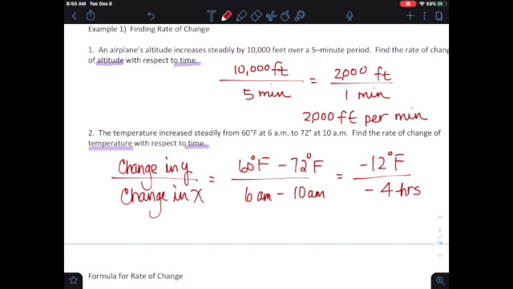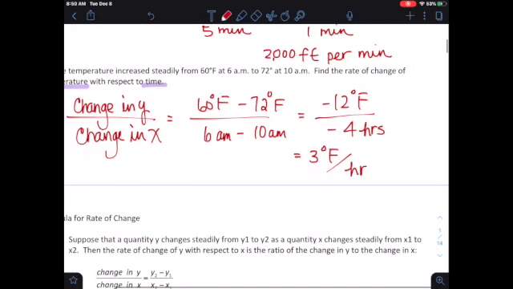And that is going to give you positive 3 degrees per hour. Okay, and when you do that, you should be able to write it in words, which is going to be 3 degrees Fahrenheit per hour.